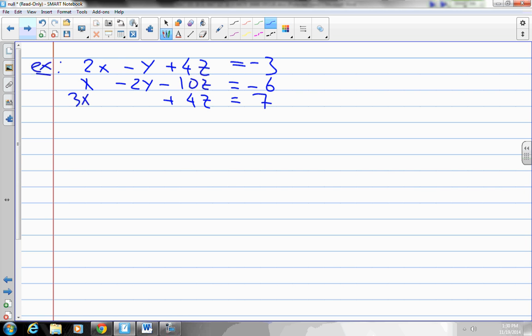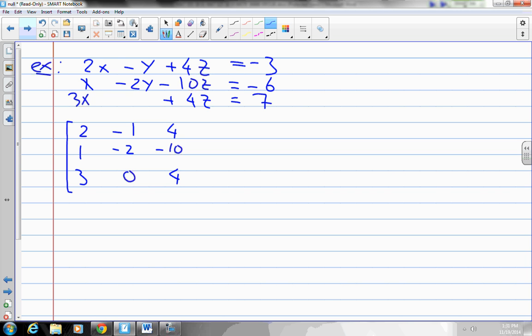Okay? So the way I'm going to convert this system into the matrix, I'm just going to copy the coefficients. So in the first one, we're going to write 2, -1, 4, 1, -2, -10, and then 3, 0, 4.